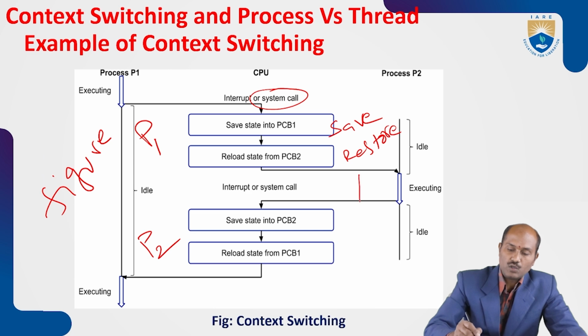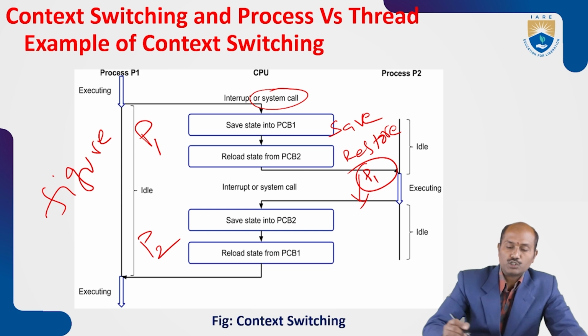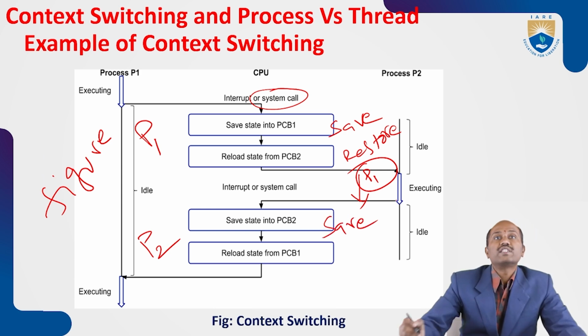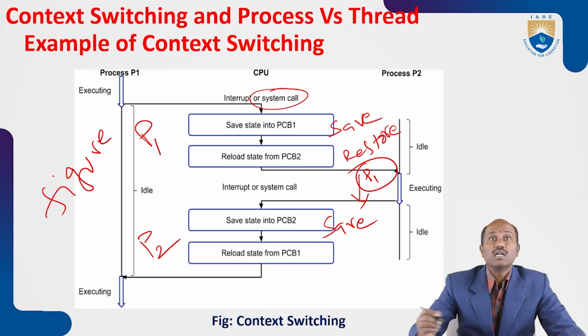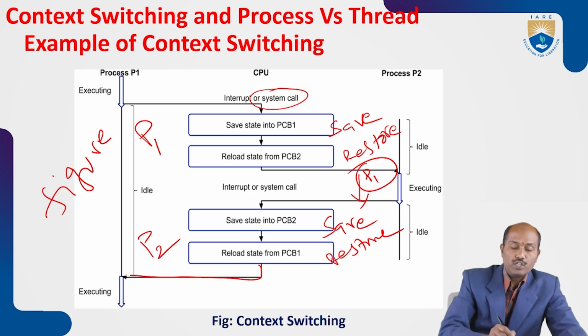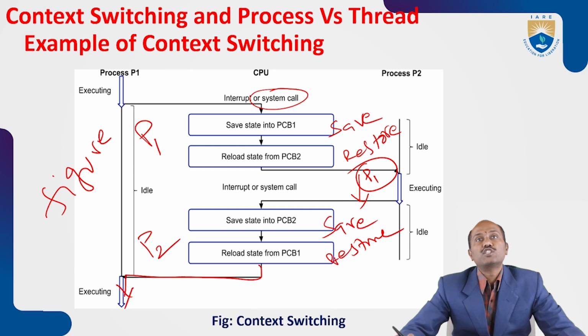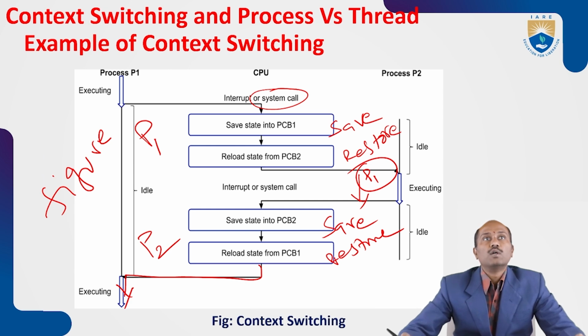Then the process is executed. Process 1 completes executing, then it gives the chance to the other process control block. Again there is a save state, and then restore state. Then again it goes to the executing state. So it keeps on executing from process 1 to process 2.